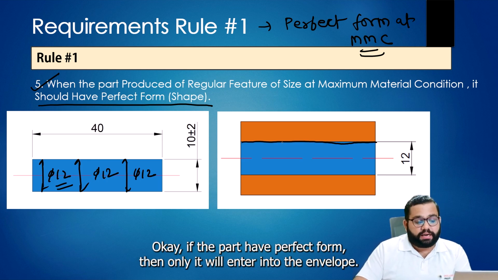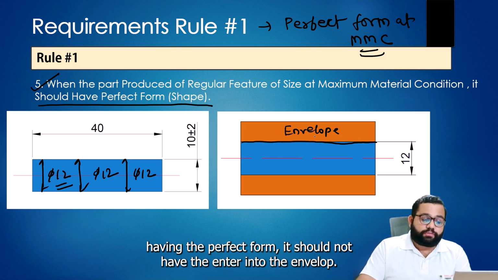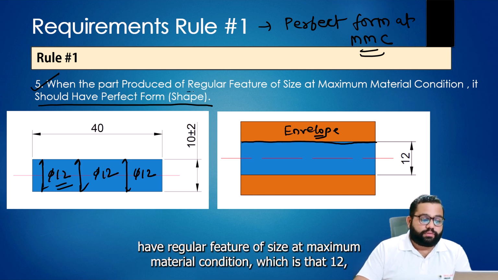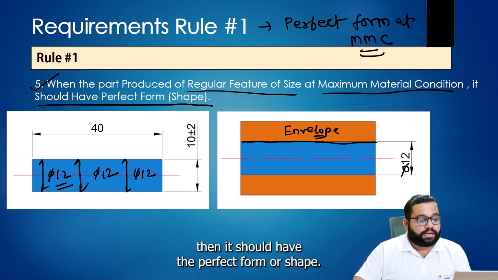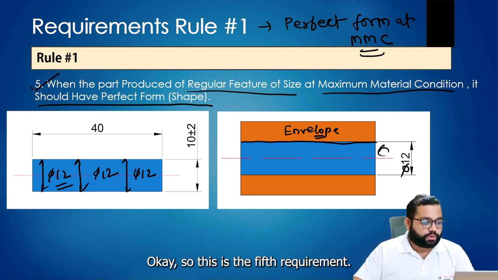If the part has perfect form, then only it will enter into the envelope. If the part is not having the perfect form, it should not enter into the envelope. So if the part is produced of a regular feature of size at maximum material condition, which is dia 12, then it should have the perfect form or shape. Then only it will enter into the envelope. So this is the fifth requirement.